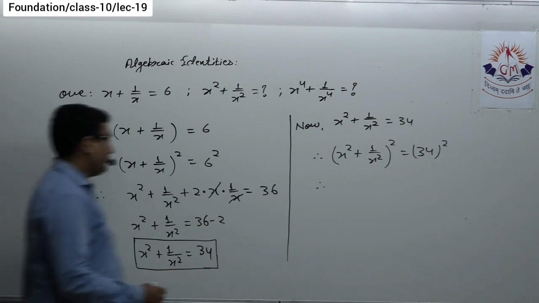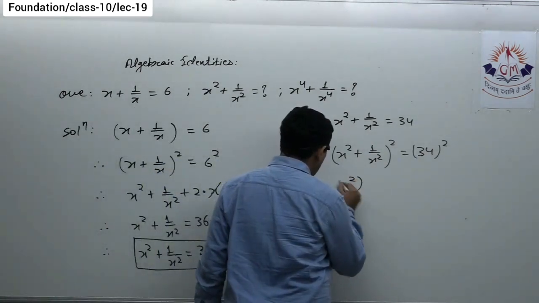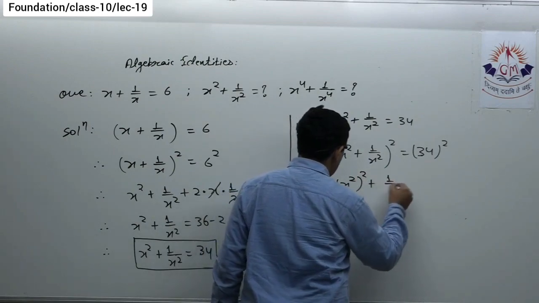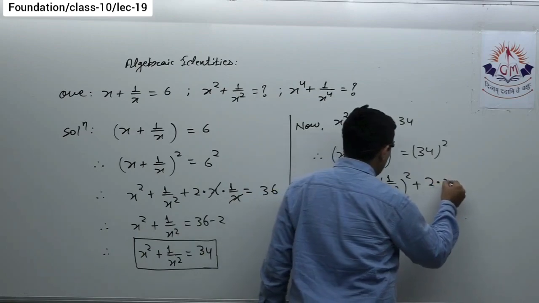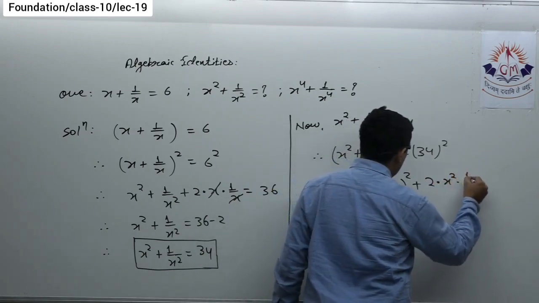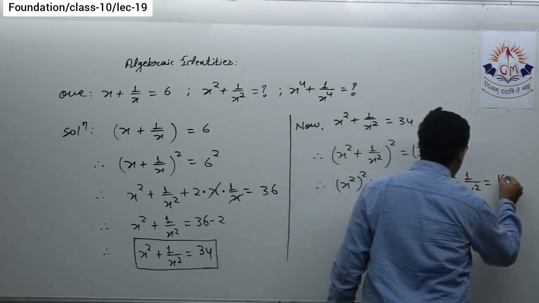Okay, so here I can apply the identity of a plus b whole square. So a square plus b square plus 2 into a into b is equal to 1156.